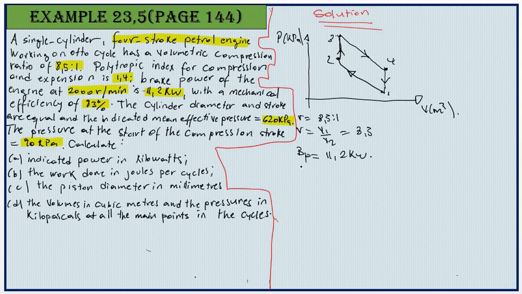You know what the mechanical efficiency is: it's the ratio between the brake power and the indicated power. The cylinder diameter and stroke are equal, so D is equal to L.